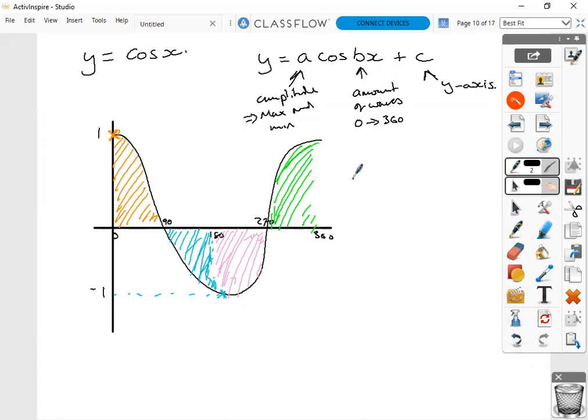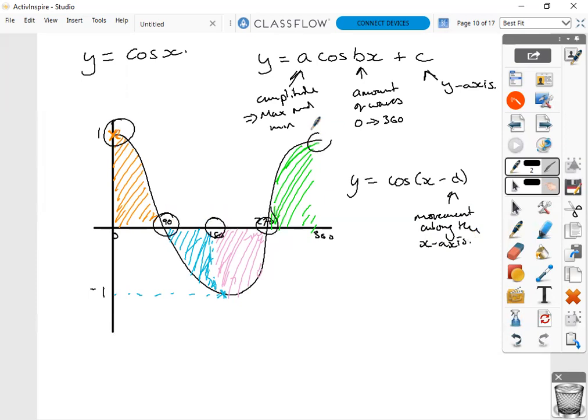Okay, or it can give you cos x minus e, where that is movement along the x-axis, with negative being to the right, positive being to the left. Okay, that will affect where these milestones sit.